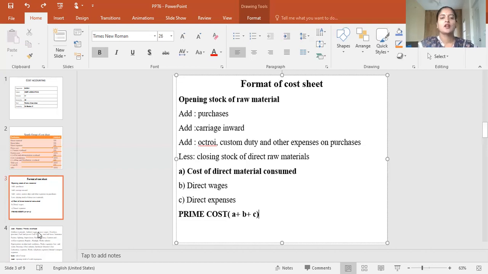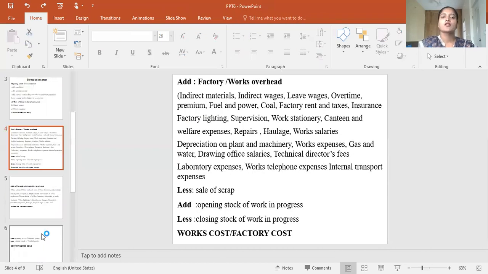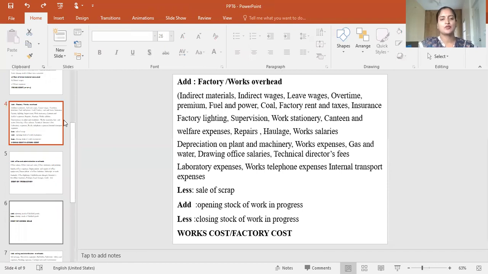And next, for your prime cost, we are supposed to add the factory overhead. The factory overhead has another name, the works overhead. Now, under the factory overheads, what all expenses should be taken?